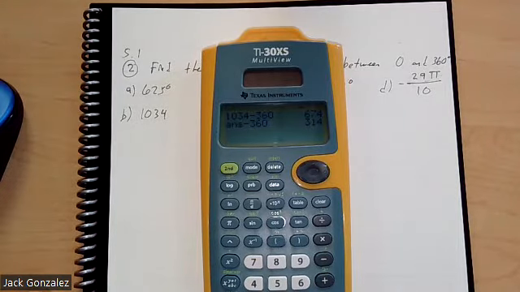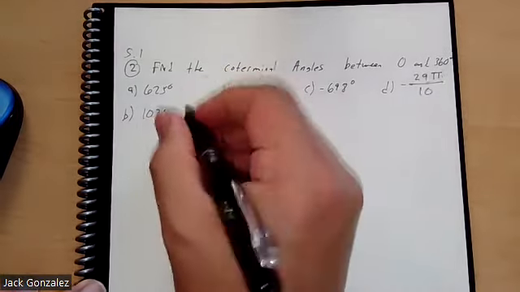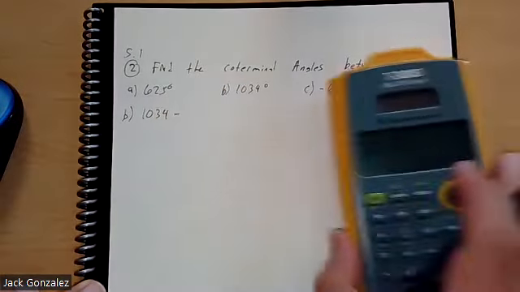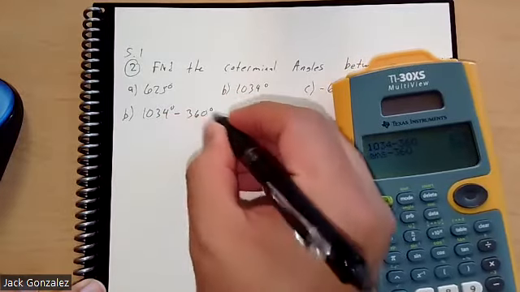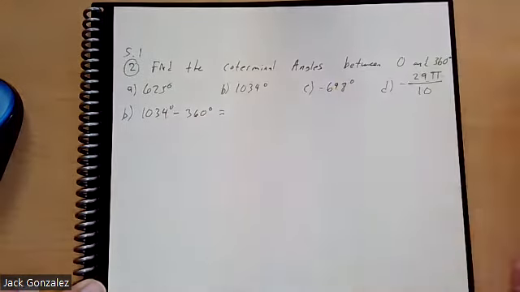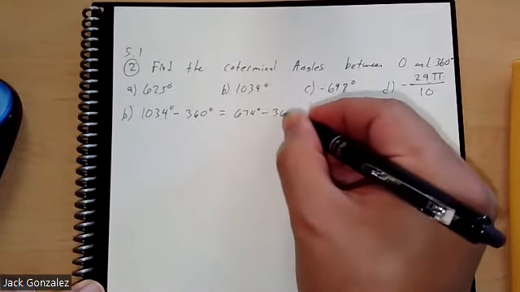As soon as you're below 360, you're good. That's the angle you want. Okay, so minus 360, minus 360.